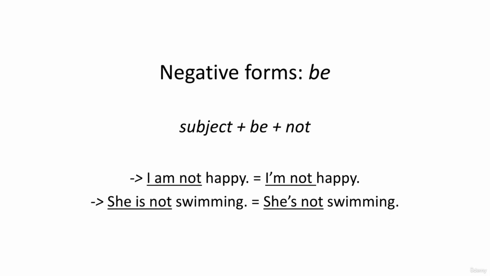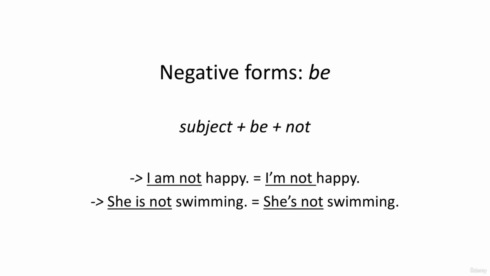Similarly to when making negative sentences with the contracted forms don't and doesn't, we can use contractions with the verb to be in the negative form.